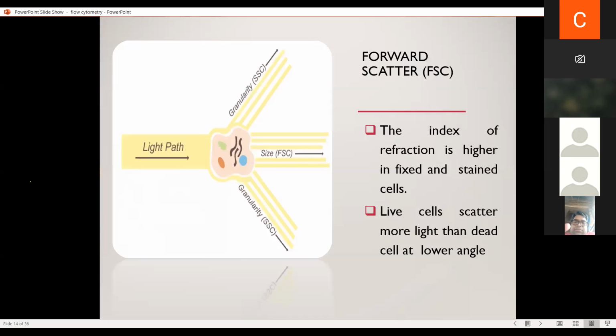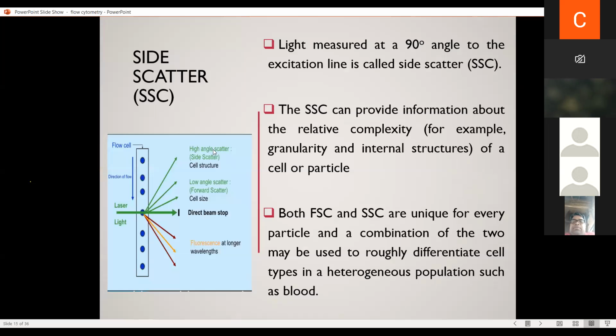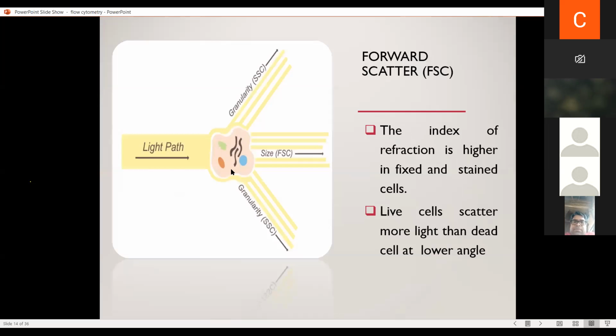Here you can see this is a cell which we are going to interrogate, and this is the laser light. The cell is coming in a single profile. When the light moves straight, at 0 to 20 degrees offset, it is called forward scatter.